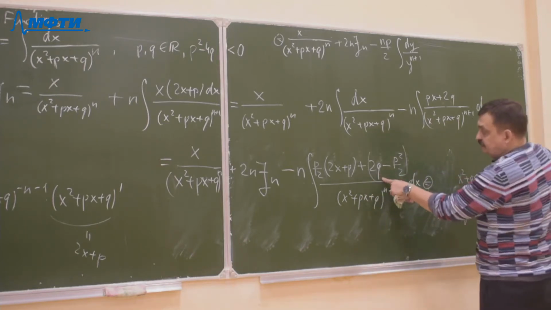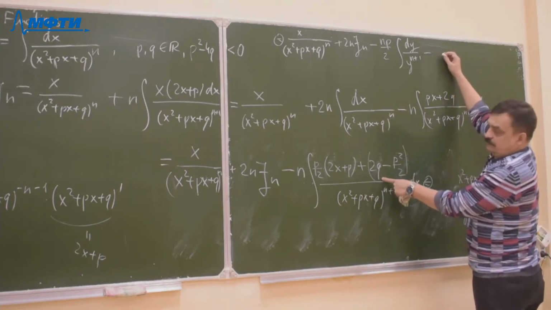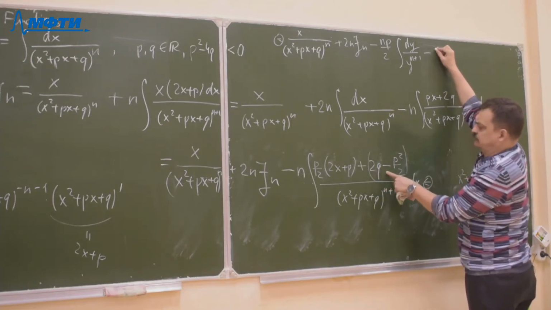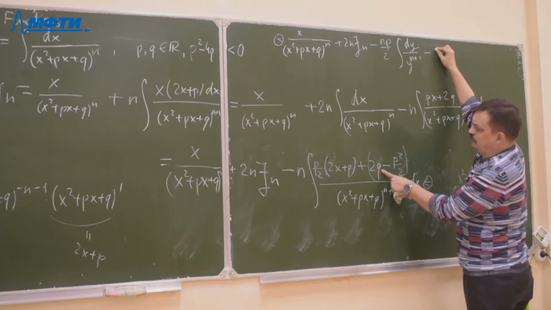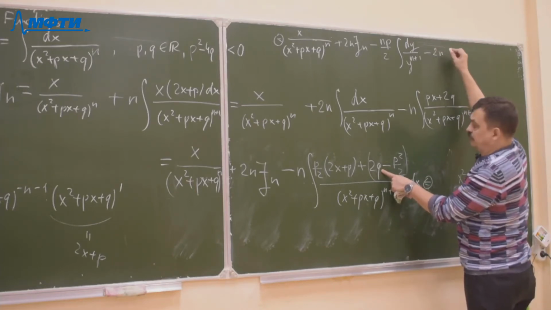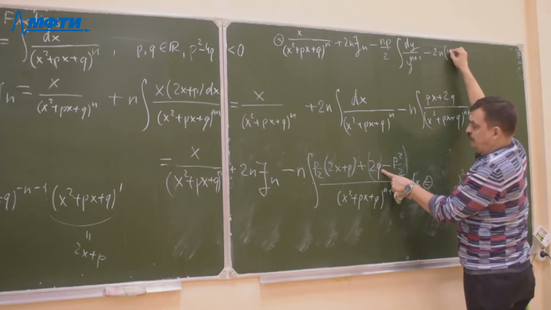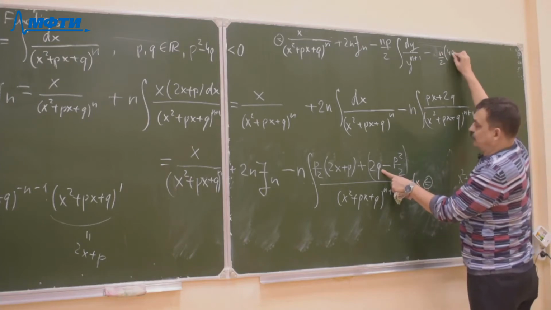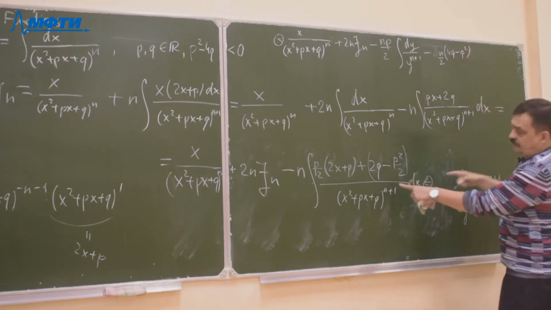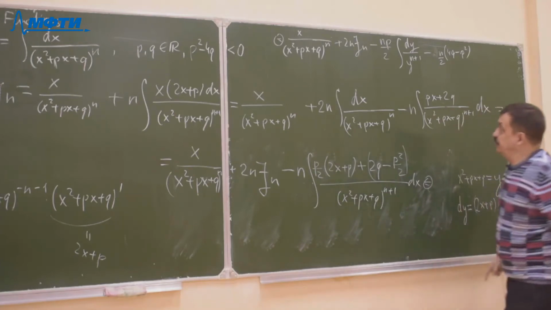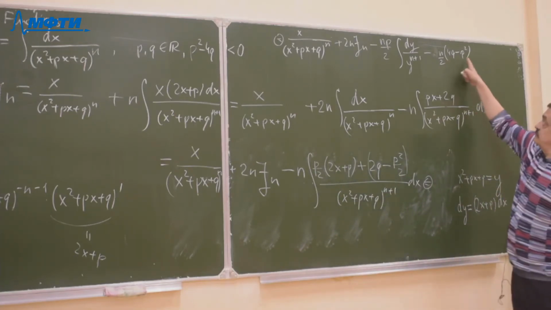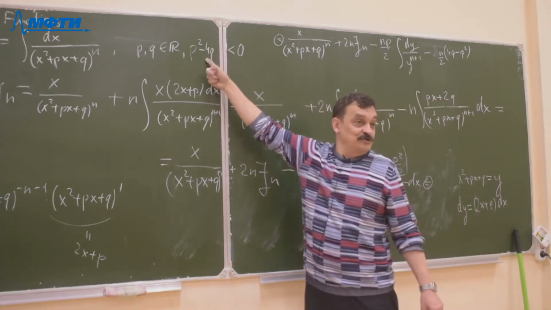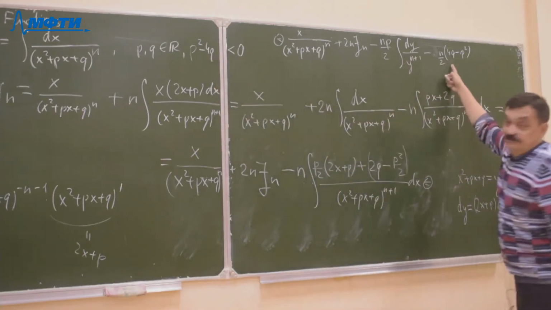The second one, I'll rewrite minus n over 2 times (4q minus p squared). Constant term outside, and it's nice to recognize immediately that term, right?